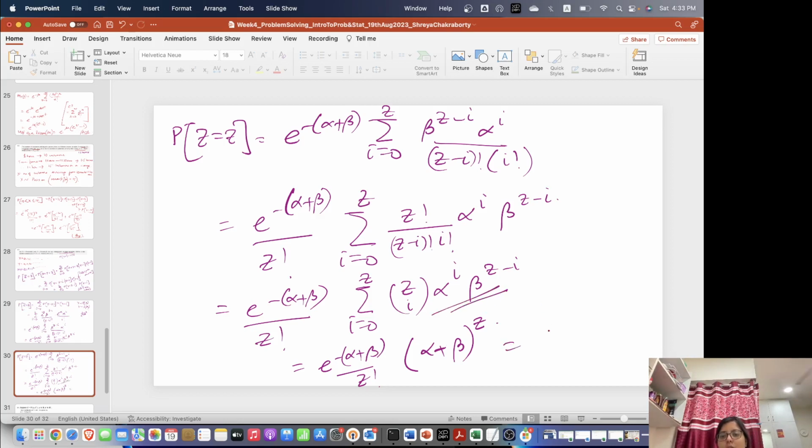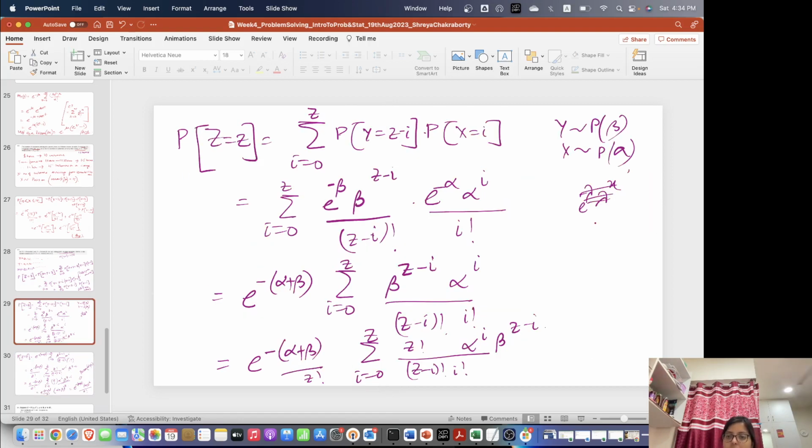Okay. So then what we have, e to the power minus alpha plus beta, to the power z by z factorial. Then this is the PMF of what? This follows a Poisson with mean alpha plus beta. Just look at the parity, e to the power minus lambda, lambda to the power x by x factorial.